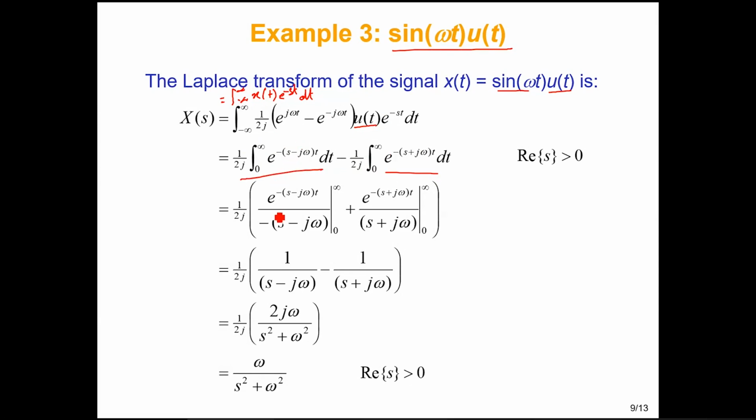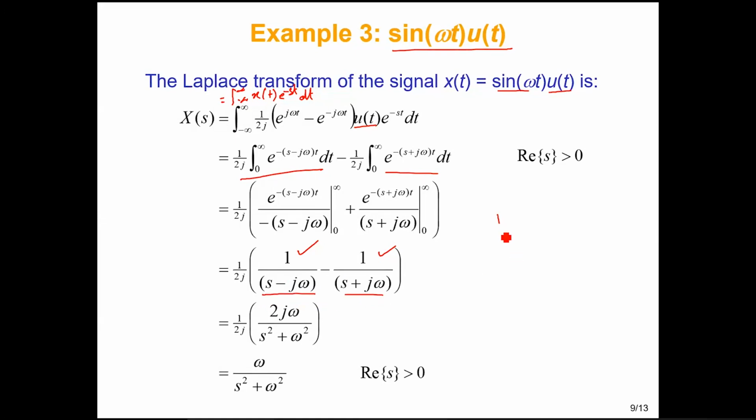And if we just do the maths, we end up getting two expressions: 1 over s minus j omega minus 1 over s plus j omega. In this expression we have a pole, and in this expression also we have a pole.